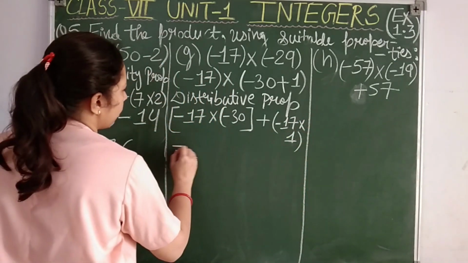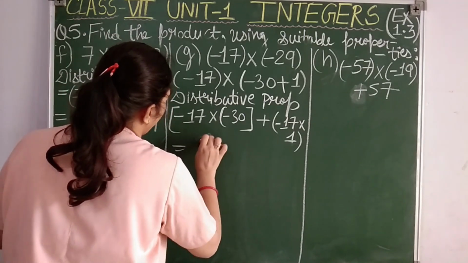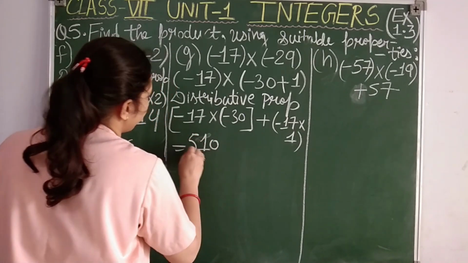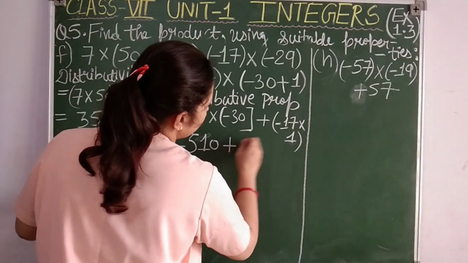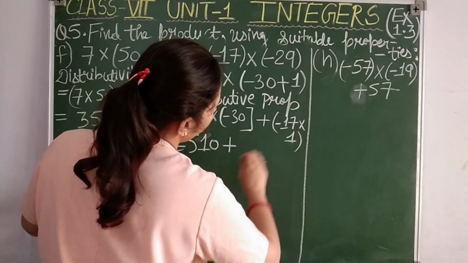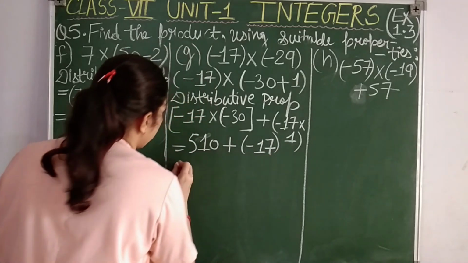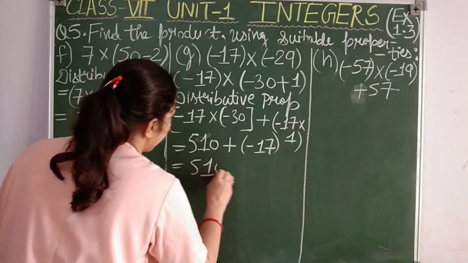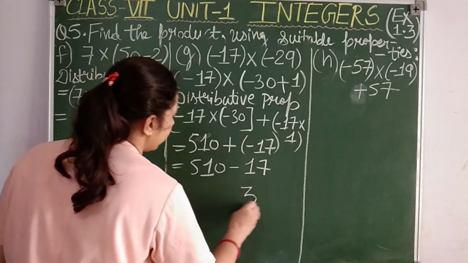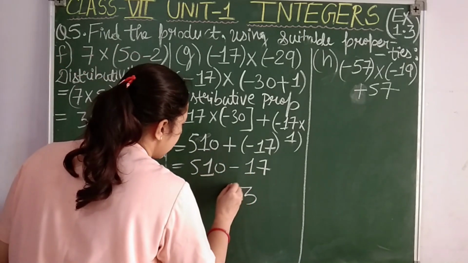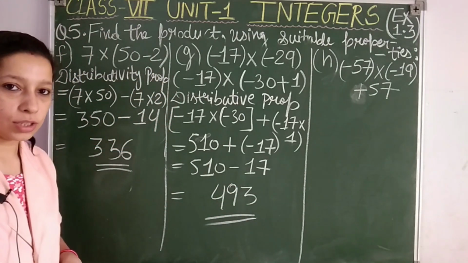Let us see then, minus minus plus. So 0, 3 7s are 21, 3 1s are 3, 4, 5. So 510 here, minus minus plus. Then again plus. So minus 17 into 1, you will get minus 17. Now solve this. 510 plus minus 17. Subtract 10 minus 7, 3, 0, 10 minus 1, 9, and here 4. So your answer is 493 students.